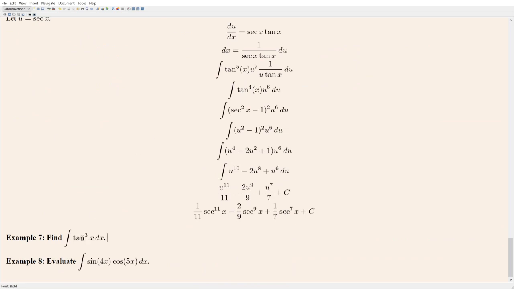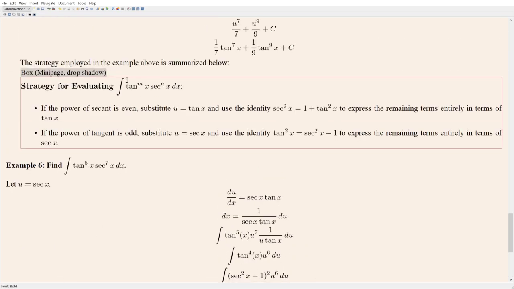Here, though, we have a tangent. Now, although a power reducing formula for the tangent does exist, you can find one in the book, it's in one of the exercises, we can actually do this using the same strategy as up here. So we can think of this as tangent to the power 3, secant to the power 0.